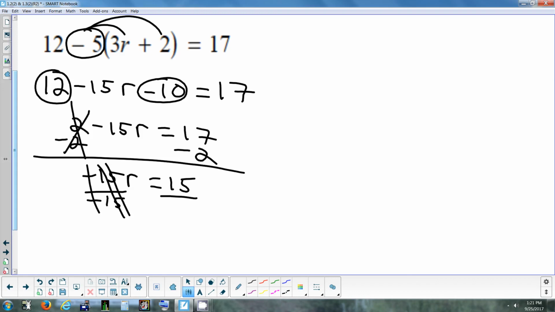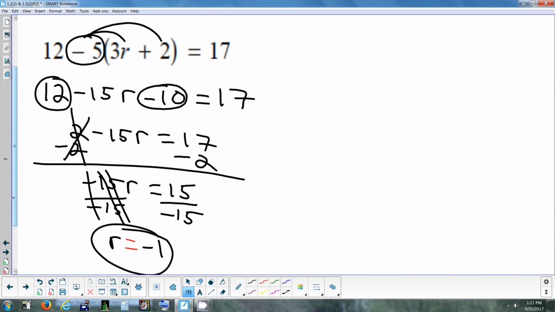Right? So, what do we get for R? -1. Oh, yeah. I didn't wait for this one. And yeah, there are different ways to do it. You could have brought your R's to the right instead of on the left. But as long as you got the same answer and you showed your steps, you're good.